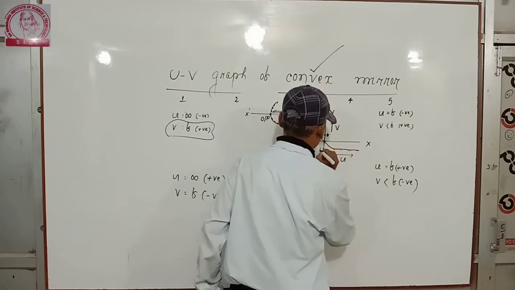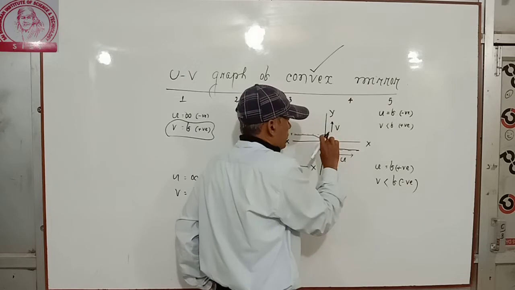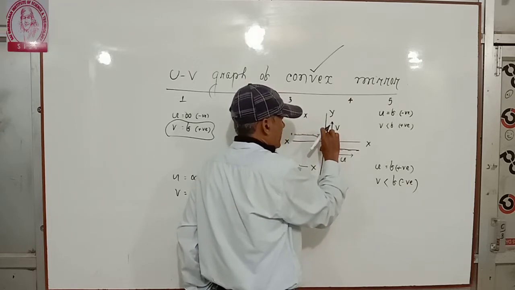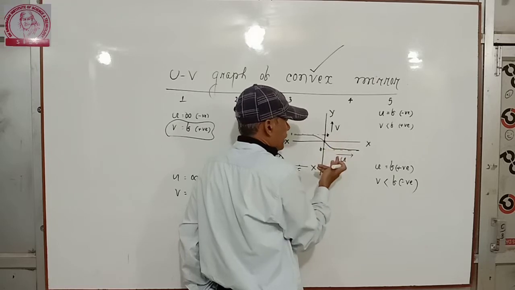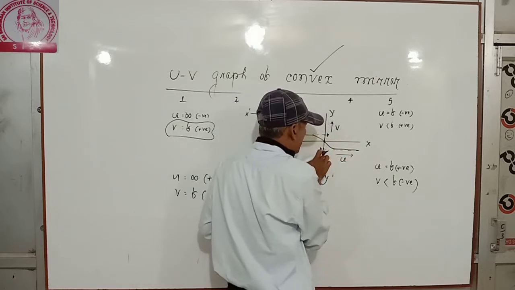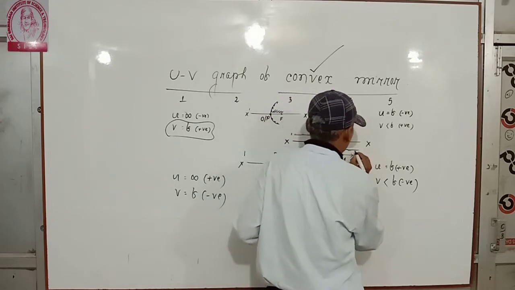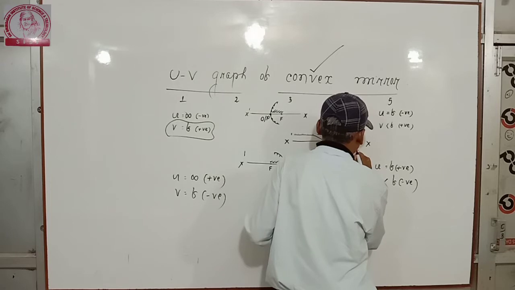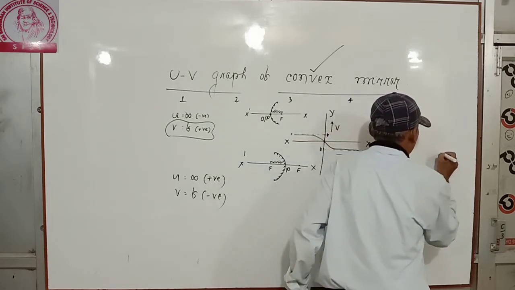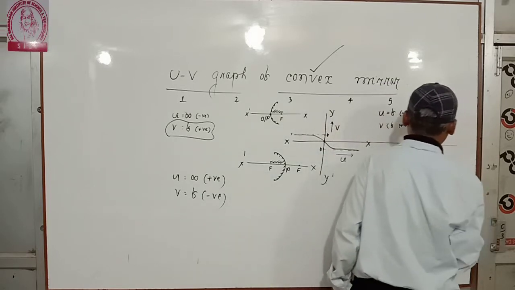This is F. The maximum value of V is this. So V is equal to F, either plus F or minus F. U is infinity. That means at the point F, you draw the perpendicular. Let's say both the lines intersect here, and this is the x-axis.